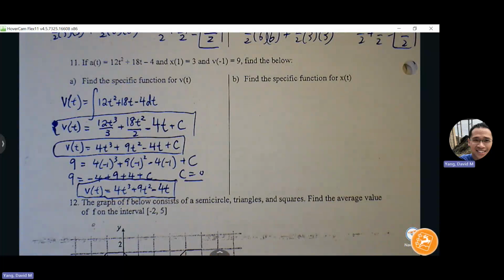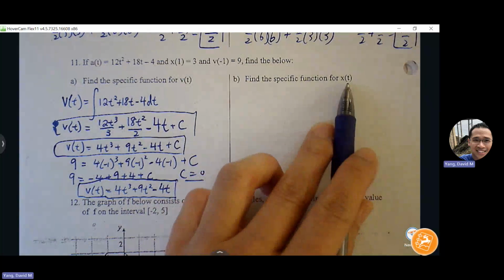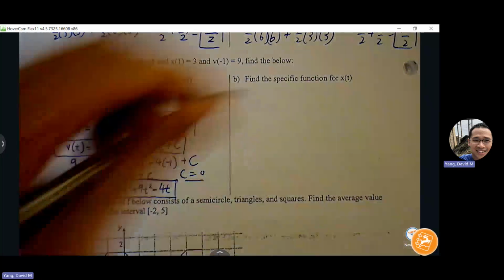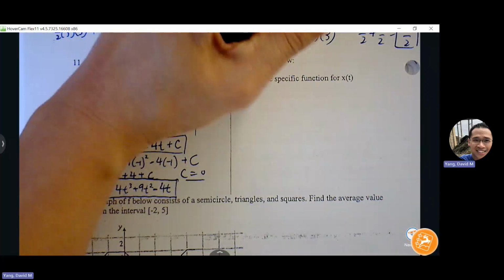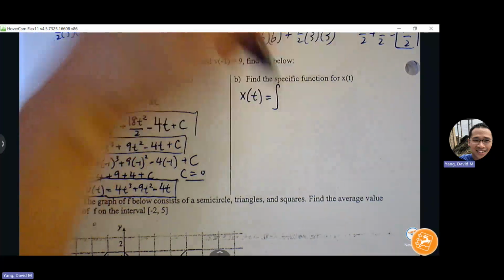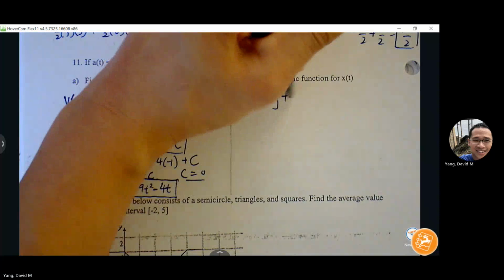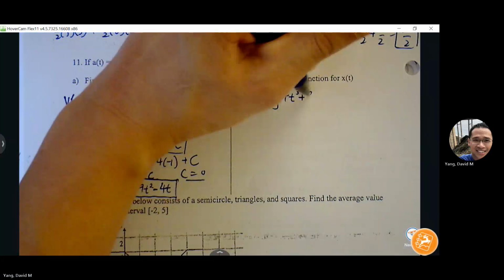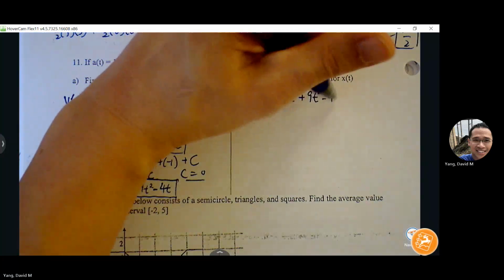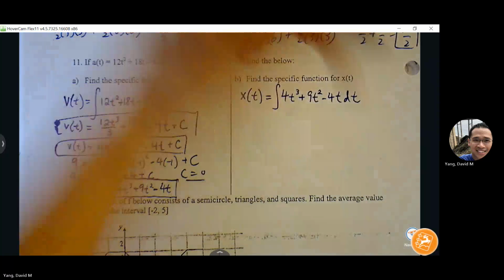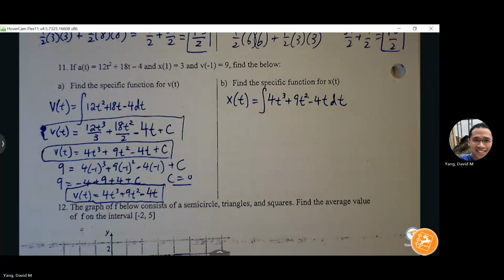Hey, we're halfway there. Now we can take that antiderivative once more, and that will take us to the position function. So I'm going to set up what I want to do. I want to take the integral. Go through the power rule again.